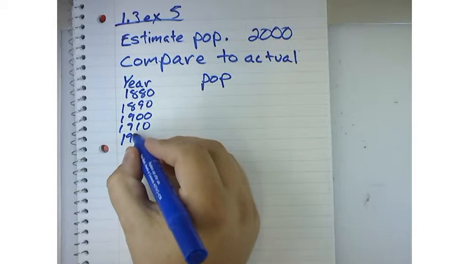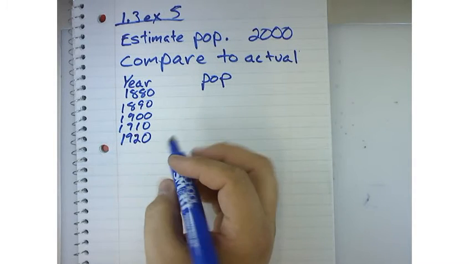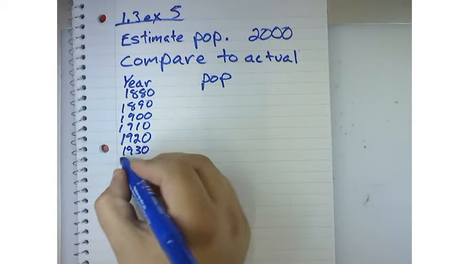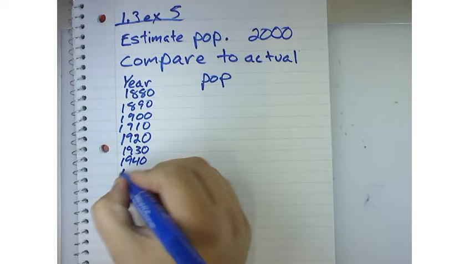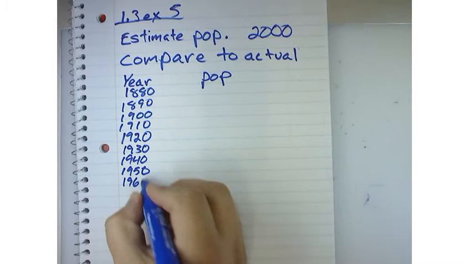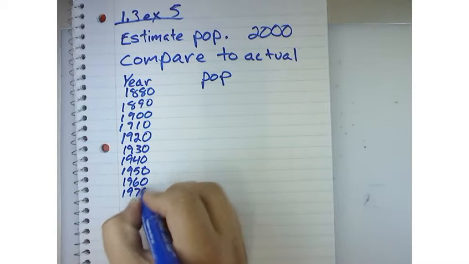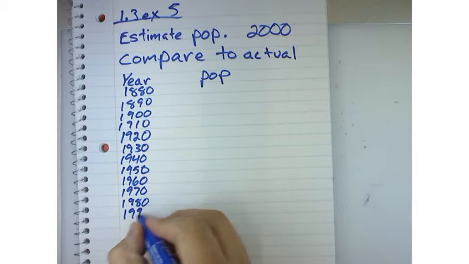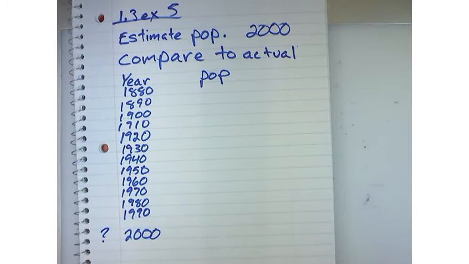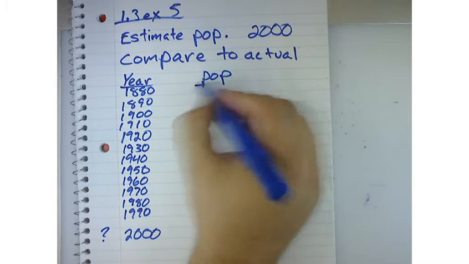This is probably based on the census. 1930, 1940, 1950, 1960, 1970, and 1980, and 1990. And so what they want to know is what's it going to be in 2000? Okay? And so that's the year, and then the population in millions.